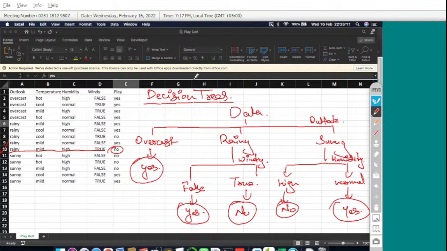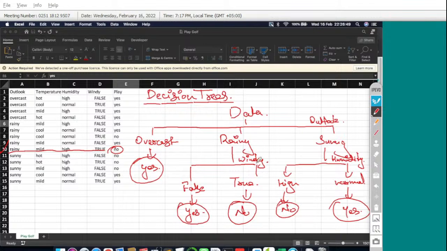Yes, guys. The decision tree will create such a tree, and if we follow the decisions, we are actually getting the right predictions. Yes, this tree makes sense, everyone.